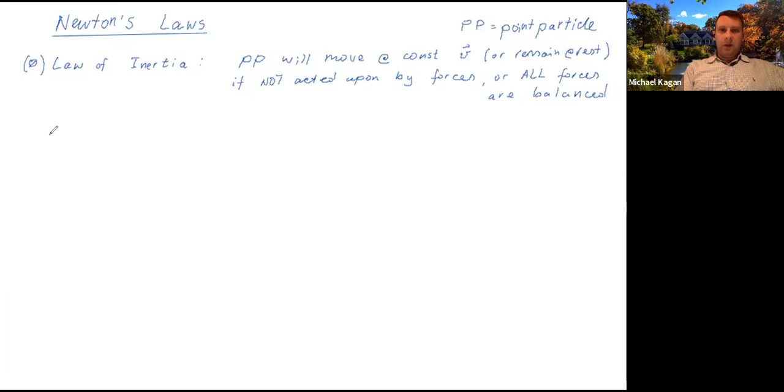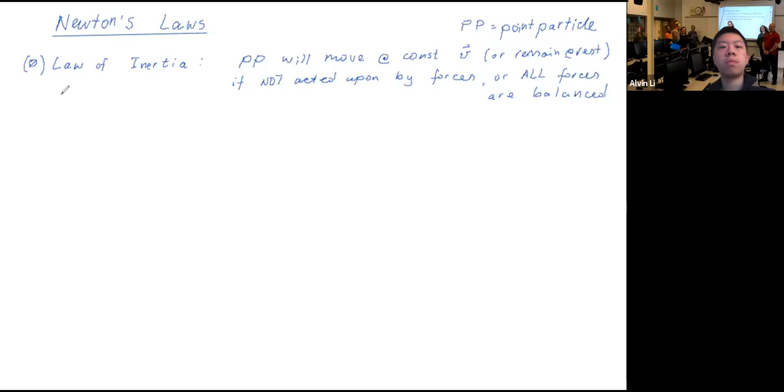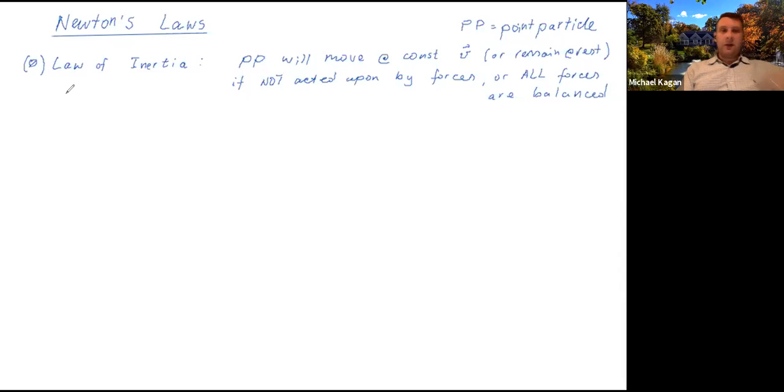Now, tell me, is the law of inertia always true? Does it always hold? Well, none of them hold in a non-inertial frame. Exactly. So here is the catch, right? We used to talk about inertial frames as frames that are moving with a constant velocity with respect to the laboratory frame.